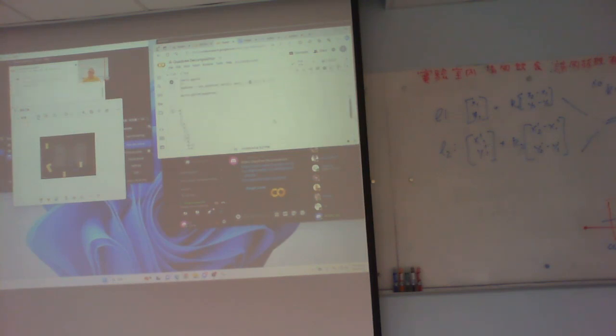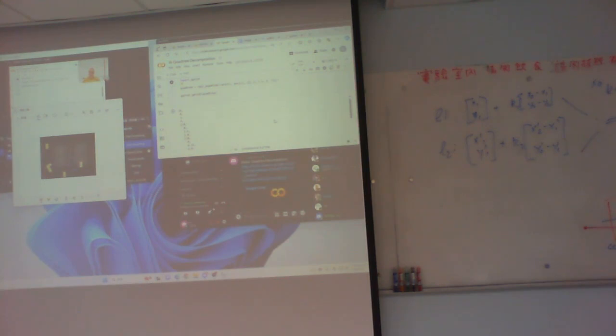Oh, and it's height and width. 3.8, 2.8 and 1.5.